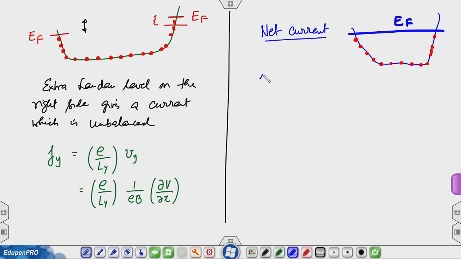So, net current Jy is going to be e by Ly, 1 over eB, dV/dx integrated over x over the sample length, times the density of these Landau level states. Remember, each Landau level state is between 2 pi, B Ly by 2 pi.